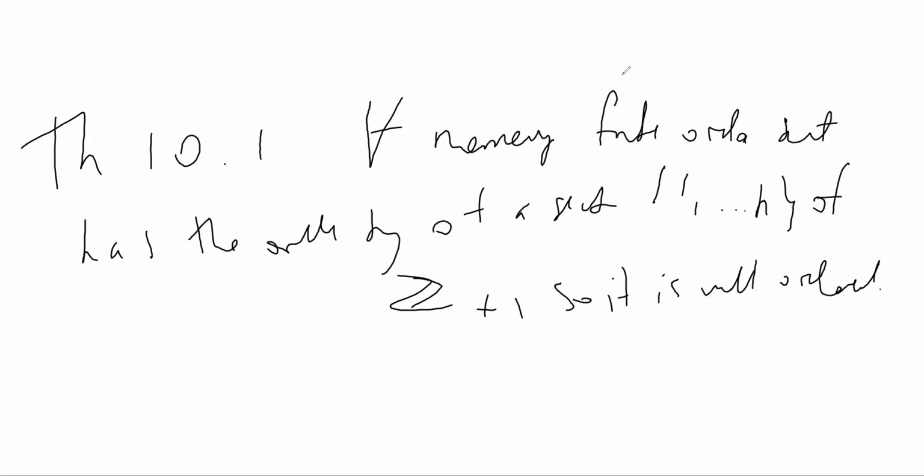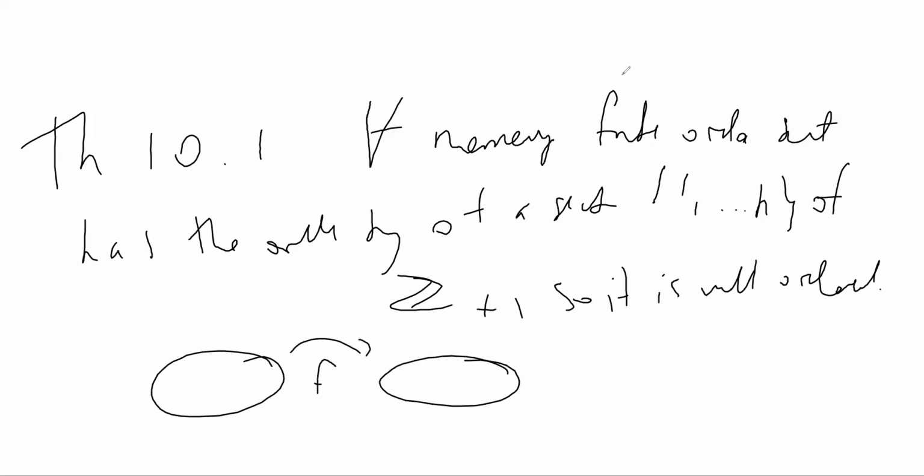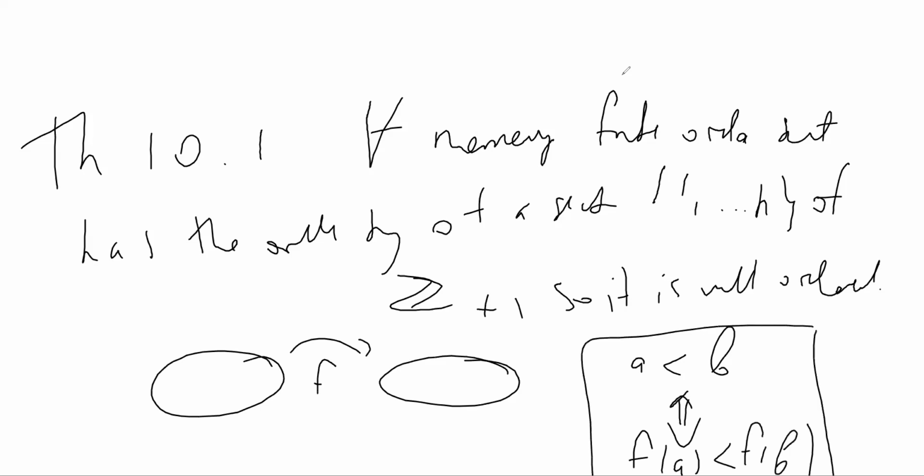Okay, so what does it mean? Order type means that if you have two sets and you can find a function f between them so that if a is less than b, then f(a) is less than f(b), a function that preserves the ordering, and if you can find such a bijective function f, then the two sets have the same order type.